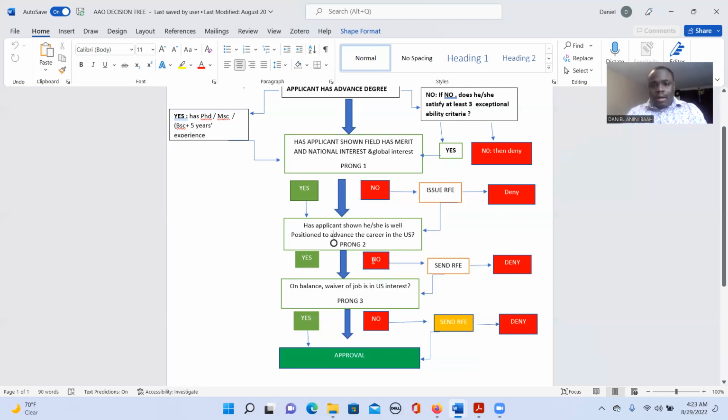Now, so that has to do with what? Position to what? To advance the career. So if you look at how to position to advance the career, we are going to look at some typical examples. For instance, you talk about your academic qualifications, it positions you. You can talk about certifications, it positions you. You can talk about payslips, salaries you have commanded.